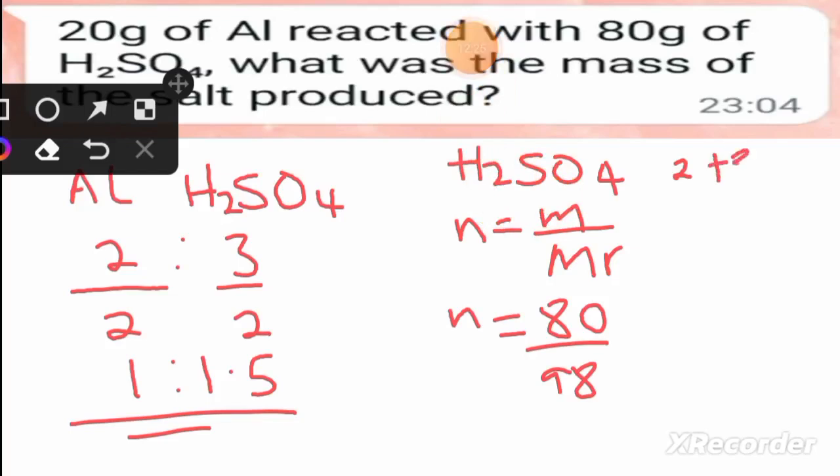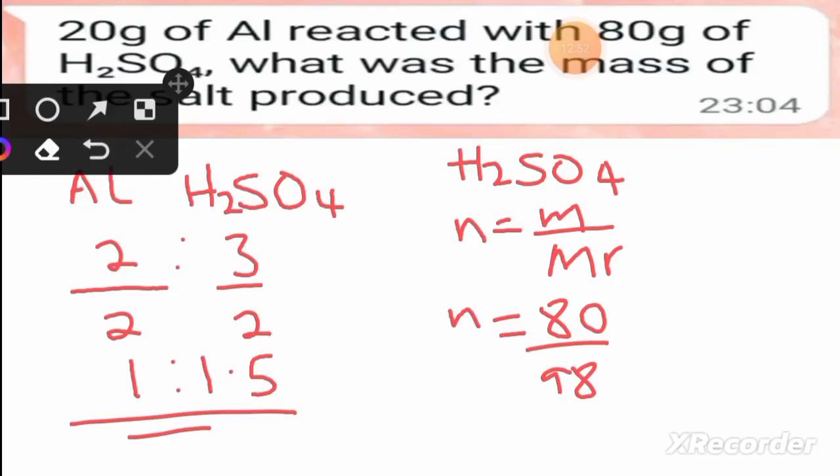Here we are having oxygen. The atomic mass for oxygen is 16, and 16 times 4 is equal to 64. So if we say 2 plus 32 plus 64, we are going to have 98. So this is where 98 is coming from.